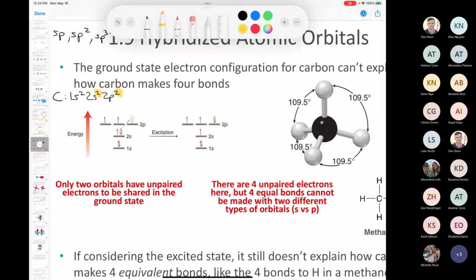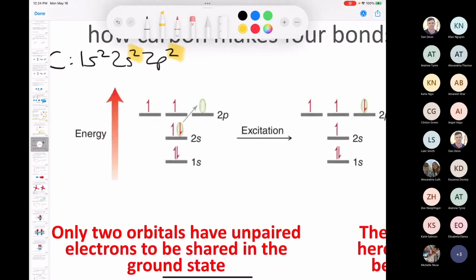Well, if you look at the atomic orbitals, we have the 1s that's full, we have the 2s that's full, but then we only have 2 unpaired electrons in the 2p, 2 of the 3 2p orbitals. Well, that would mean that the carbon can only make 2 bonds. That is not what's happening. Carbon makes 4 bonds, not 2 bonds.